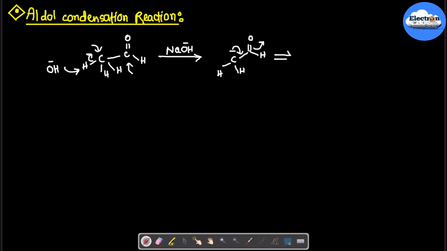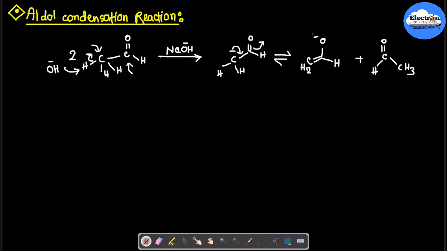We can use a reversible sign, and the enolate is formed like C=O-minus attached with a hydrogen atom, and the rest of the hydrogen atoms are here. Now if we use two molecules of aldehyde, then another aldehyde will remain as it is, C=O H, with a CH3 group attached.